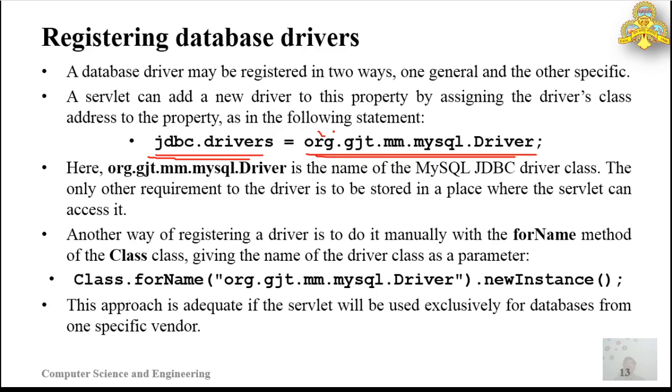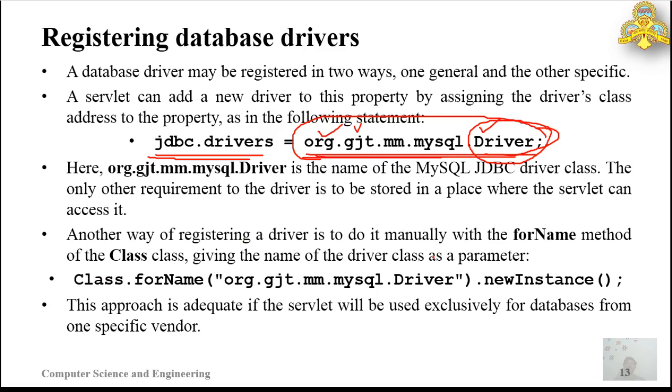For example, org.gjt.mm.mysql.Driver. Observe that Driver is the name of the class that provides access to the MySQL database, and this is the actual package path. This path information may differ depending on the version of MySQL, and also for different types of database software it may be different.